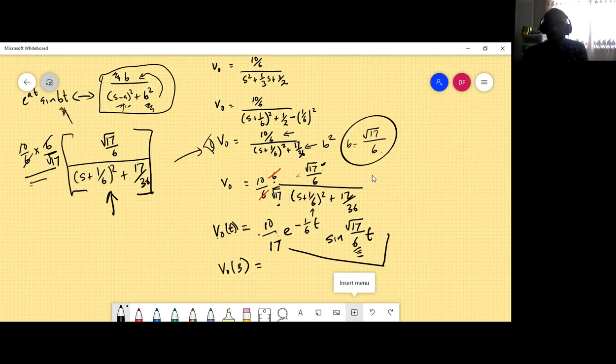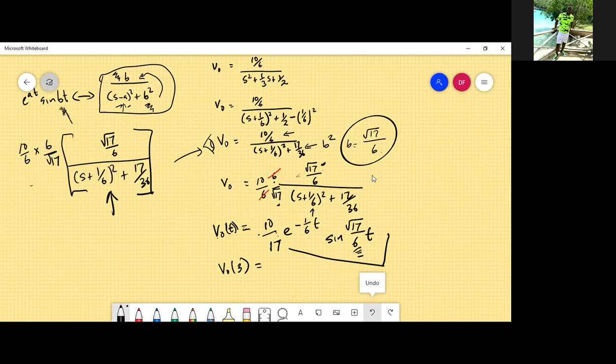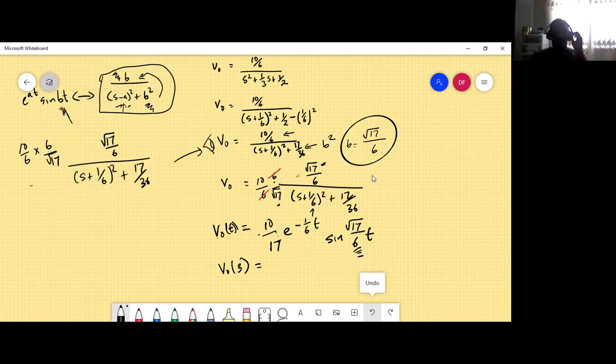Any clearer, or do we still have some issues? Huh? 6 over root 17. You have 10 over root 17. Yeah, because this 6 cancels that 6, and this root 17 cancels that. That's why I put 6 over root 17. So I cancel out and just leave myself back with the 10 over 6, what I had before.